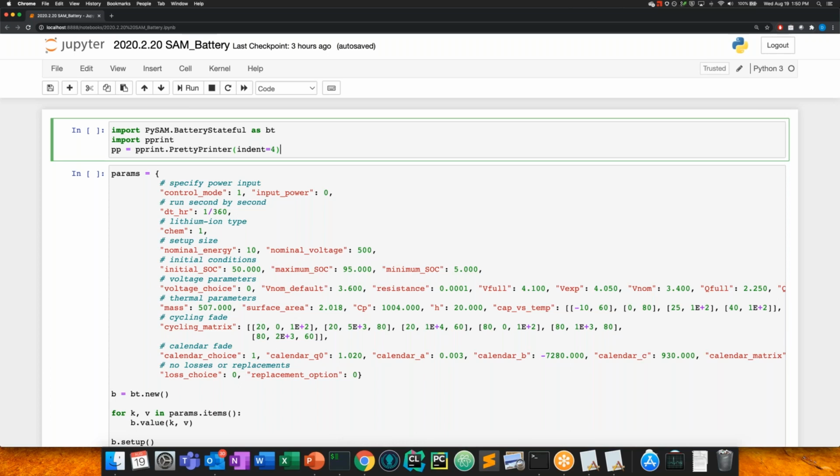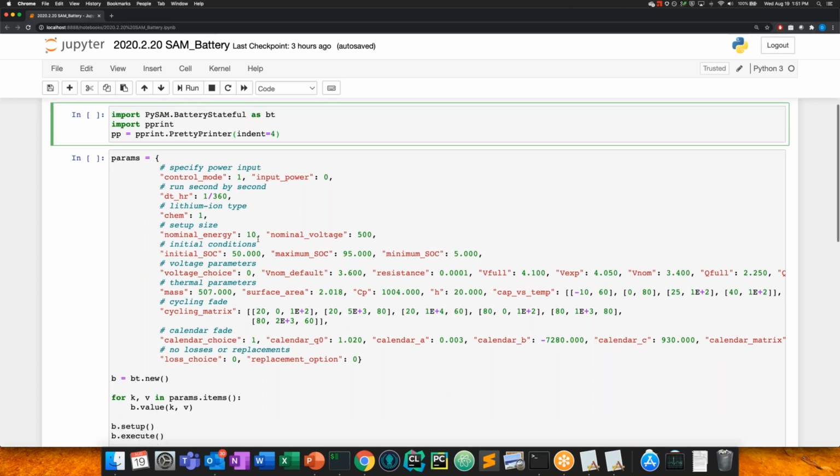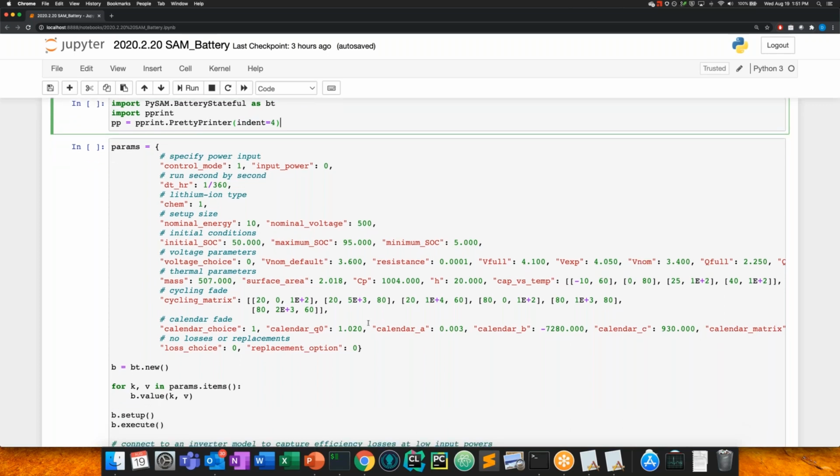So this upcoming version of the battery model is imported as pysam.batteryStateful. It uses some parameters that are very familiar. We have the losses and replacements, the calendar and cycling fade parameters, as well as thermal, voltage, and initial condition inputs.